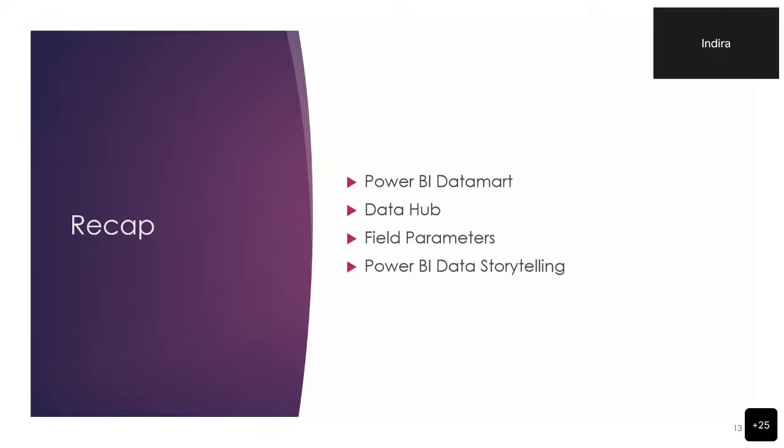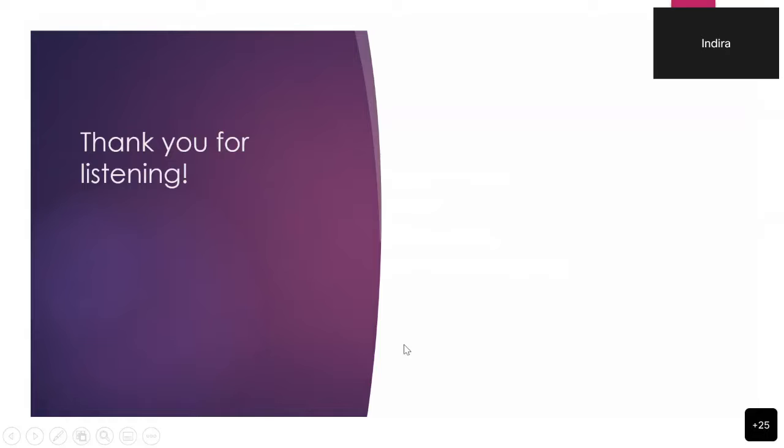And you have seen the different use cases for field parameters, how useful it is, and also the Power BI data storytelling with PowerPoint. Any questions? Otherwise that's me. I'll stop sharing. So participants, if you have any questions, you can ask.